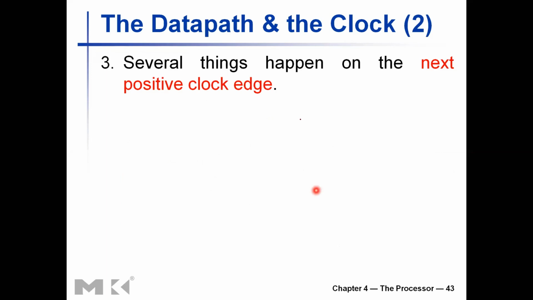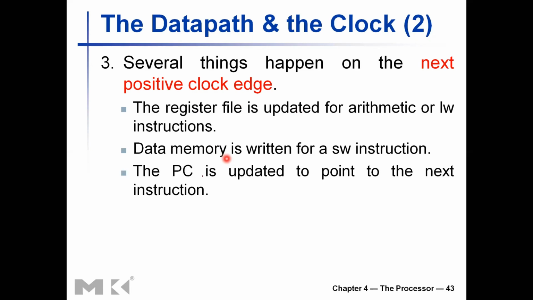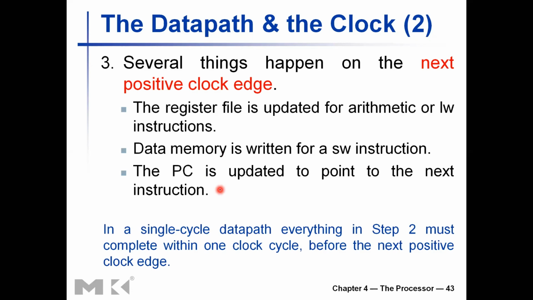And at the end of the clock cycle, if there are any results to be written to the register file, you will write that. If there are any results to be written to the data memory, you can write that. And the PC will also get updated to point to the next instruction. Right. Now, everything in that step 2 should happen within or between these two positive clock edges in a single cycle implementation.